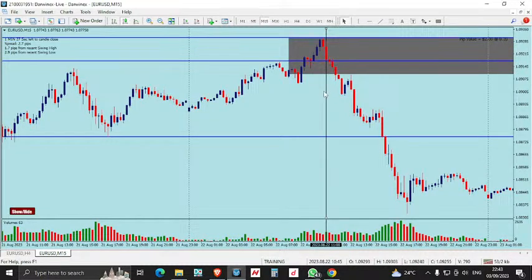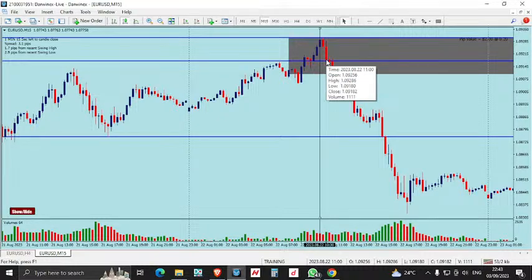Now our stop loss is how many? We have how many pips? It's close 1.0918. Then our stop loss will be here 1.0930. 30 minus 18 is about 12 pips. So our stop loss is maybe, let's say, 13 pips.